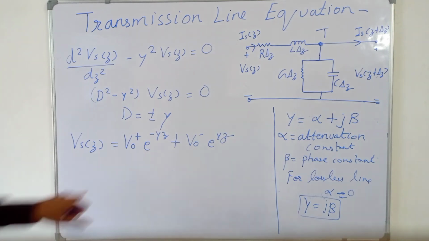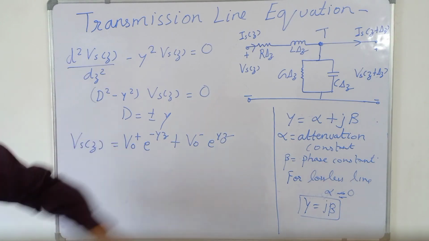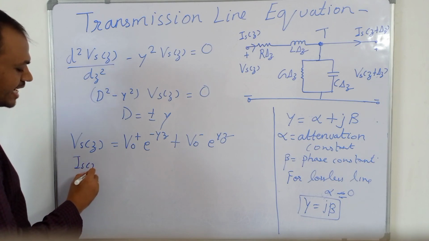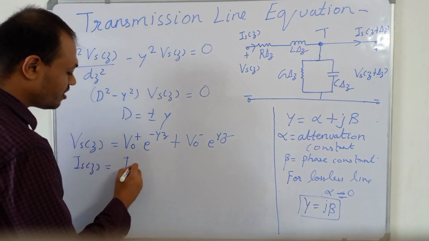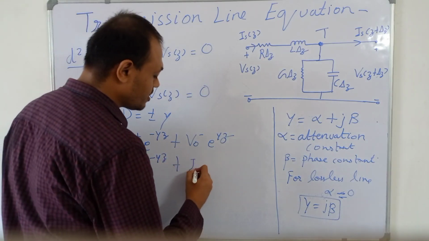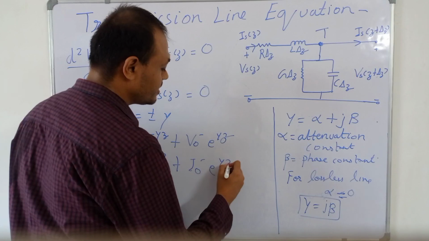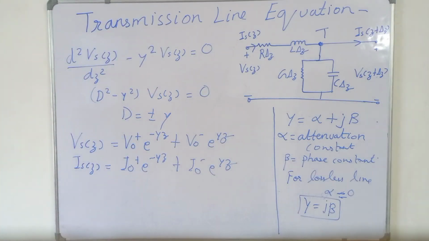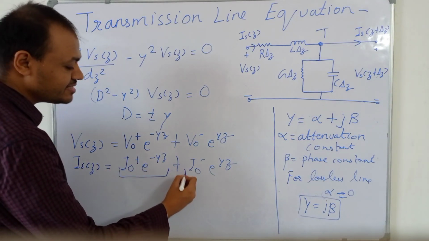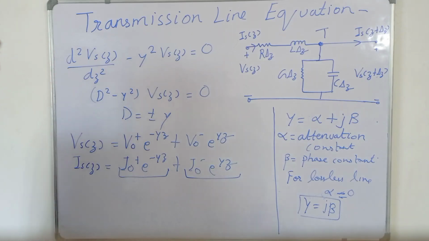This will obviously be your forward traveling wave, and this will be your backward traveling wave. Similarly, the value of Is of z will be equal to I naught plus e to the power minus gamma z plus I naught minus e to the power gamma z. So these are the current and voltage equations for the forward traveling wave and the reverse or backward traveling wave.